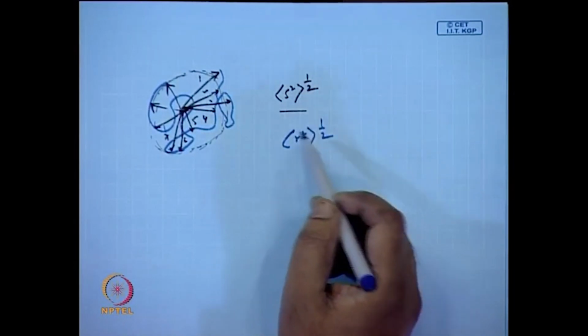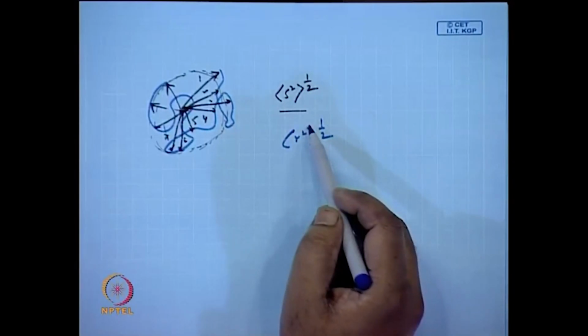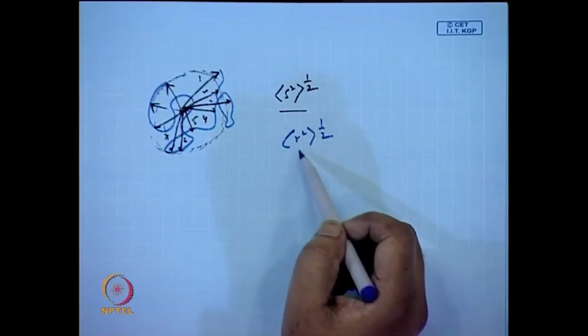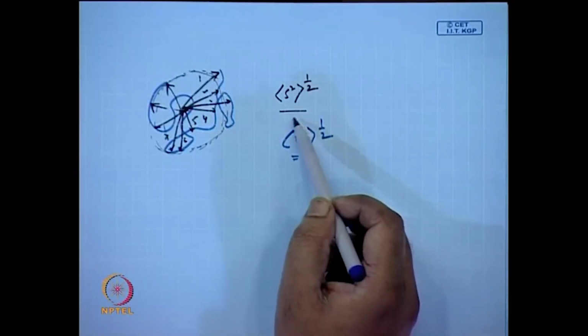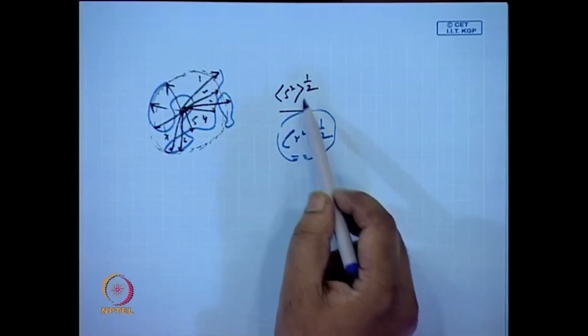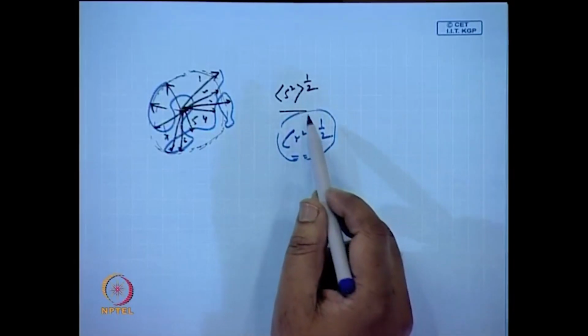If we can find one of them, we know that both are related mathematically, so you can easily find the other one. Now, we will mainly calculate or find information about this, and we will know the expression for this, and then find out the relation, how to get this.